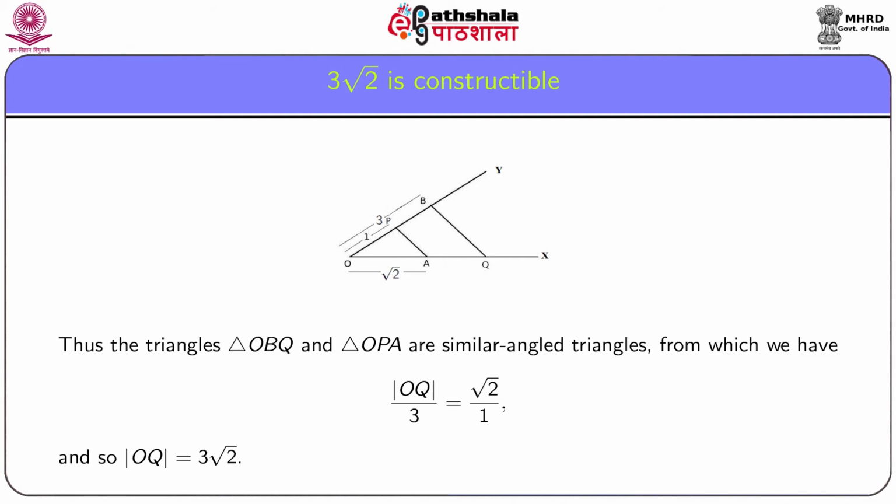Thus, we see that using only straightedge and compass, it is possible to construct a line segment, say OQ, whose length is 3 root 2.